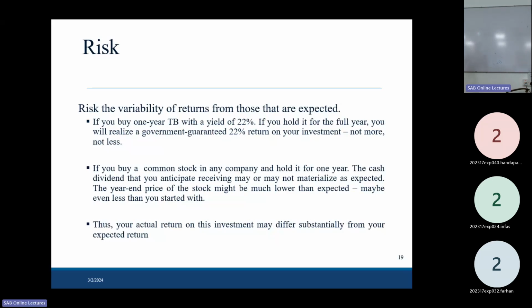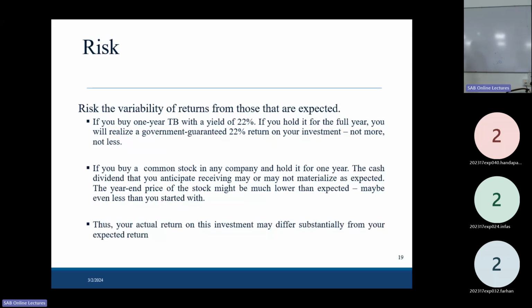It can vary. You will get more or you will get less or no dividend. The yearly price of the stock might be much lower than expected. Even though you forecasted selling the shares at the end of the investment period, it can vary. It can be less or it can go up. Maybe even less than you started with. So that is the risk.